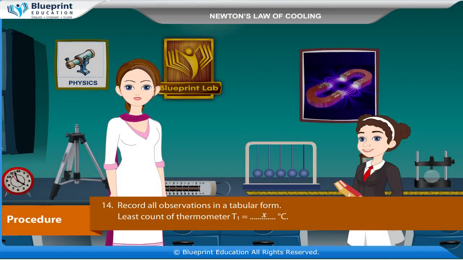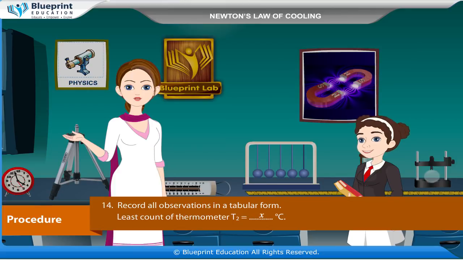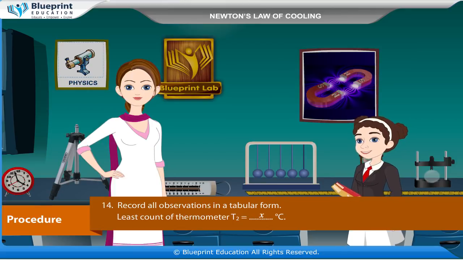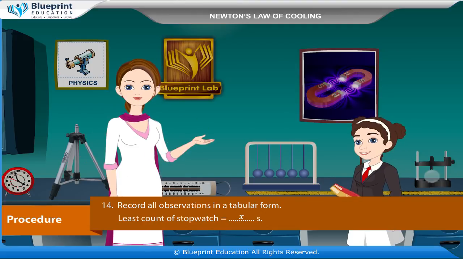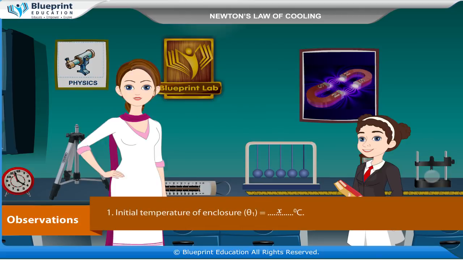Least count of thermometer T1 is equal to x degrees Celsius. Least count of thermometer T2 is equal to x degrees Celsius. Least count of stopwatch is equal to x seconds. Observations. Initial temperature of enclosure θ1 is equal to x degrees Celsius.